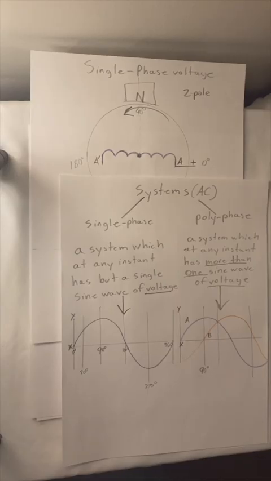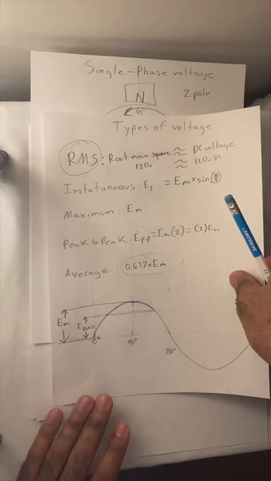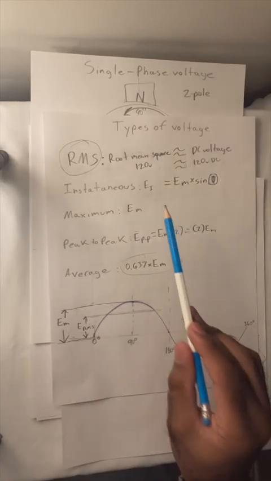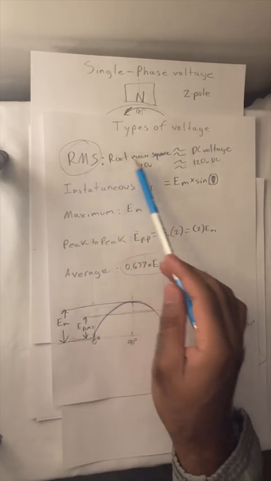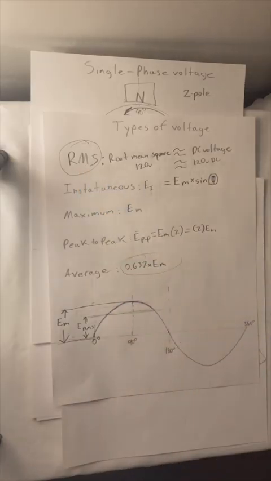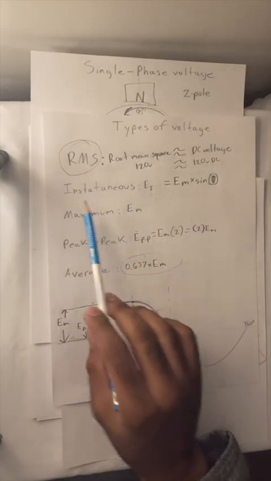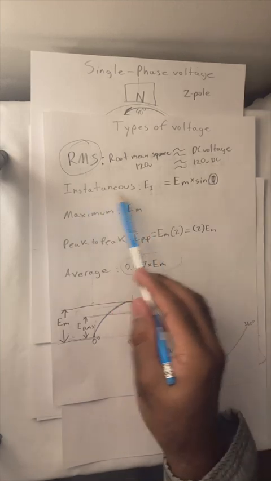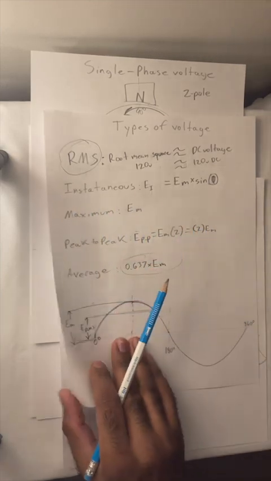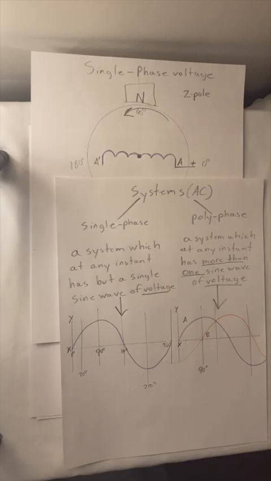So if we refer back to when we were discussing types of voltages, we said in general, when we refer to voltage, we're referring to RMS. However, in this discussion, we are referring to the instantaneous voltage. This is an example of where instantaneous voltage is necessary to know.